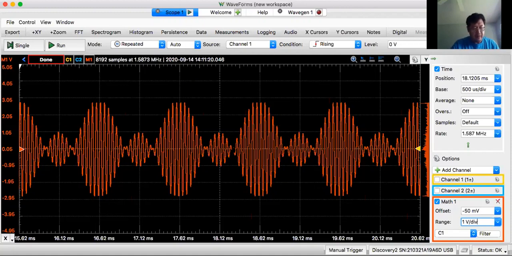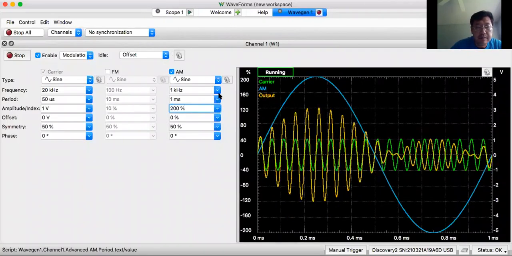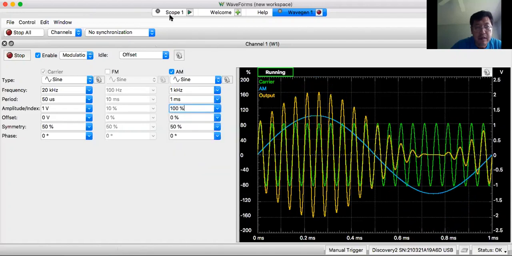So that's our first and second topic. The second topic is the modulation index, and it has to be kept under 100. The maximum is 100, and we should keep it under 100. Well, let's change it to 100. All right.